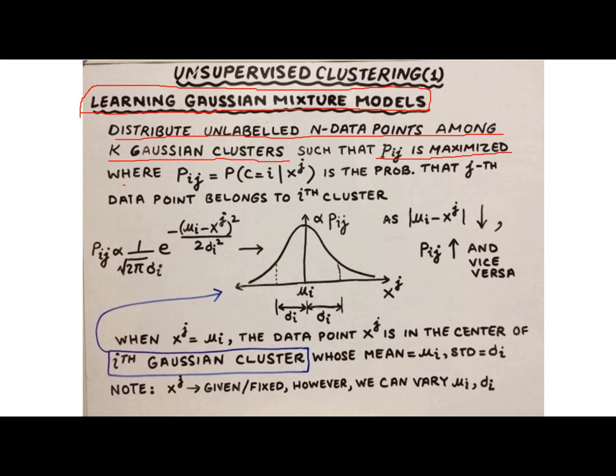And what is this probability Pij that we need to discuss here? Probability Pij is the probability that the jth data point belongs to the ith Gaussian cluster. So that's what probability Pij represents.